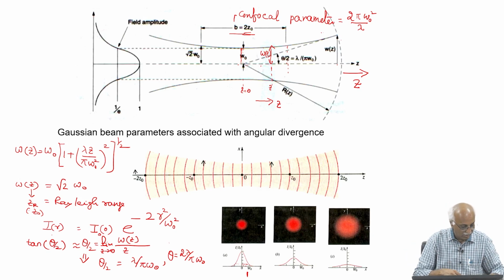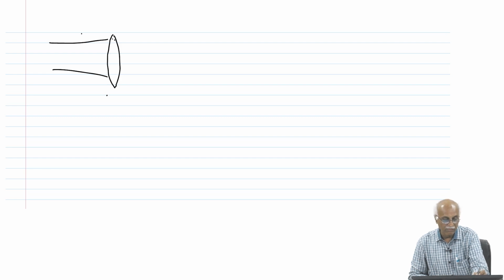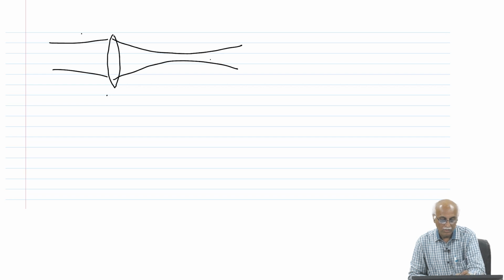What I am trying to say is, if there is a laser beam and we focus it using a convex lens, it will get focused, and this will be w0, a small size.